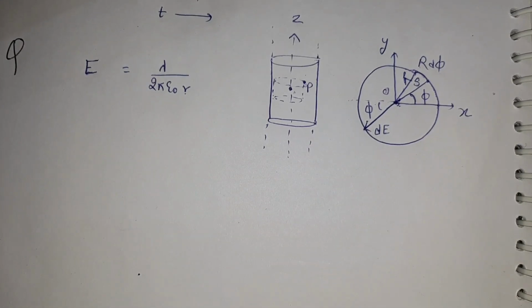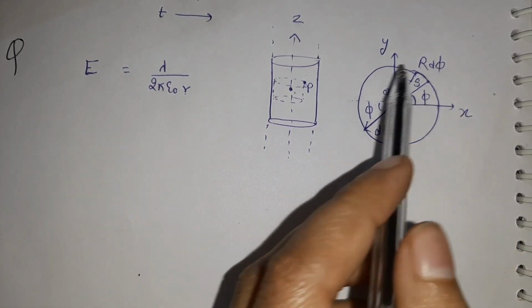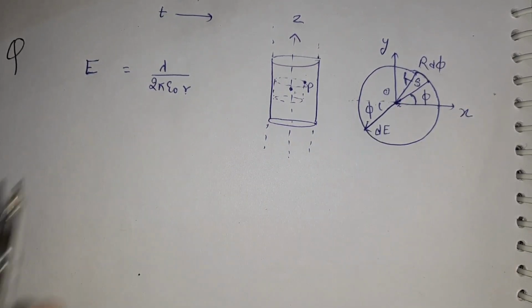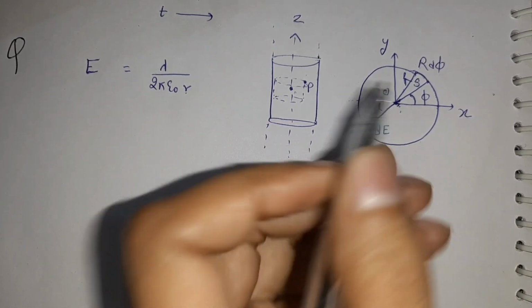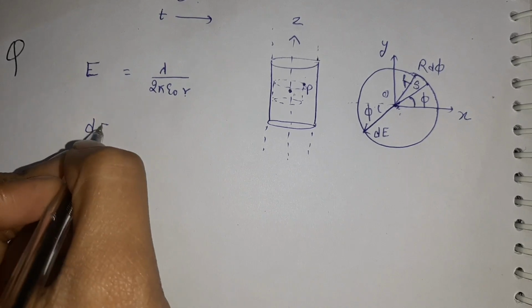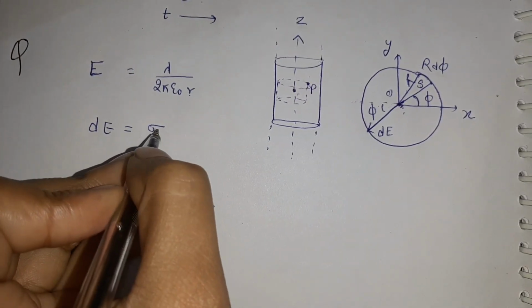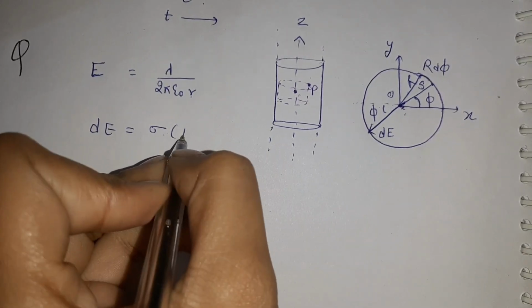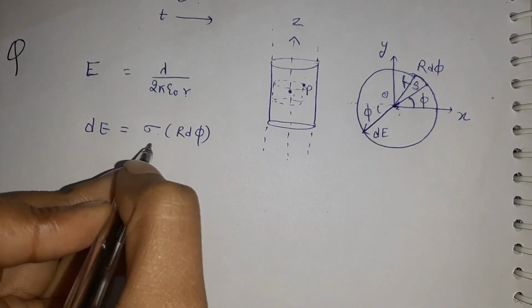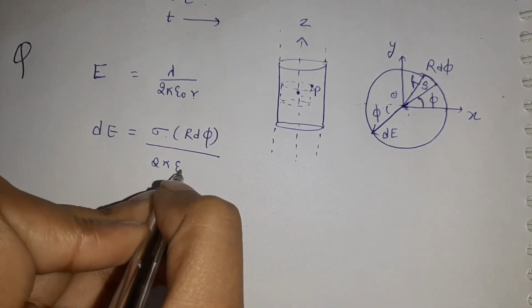Now we have to find the electric field dE. So dE at the origin O will be equal to sigma r d phi by 2 pi epsilon r.